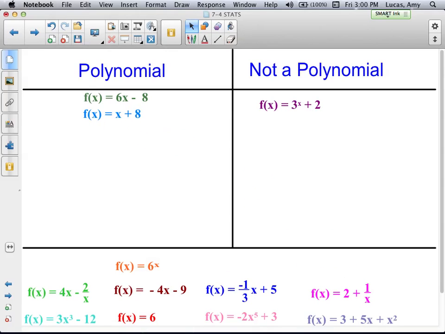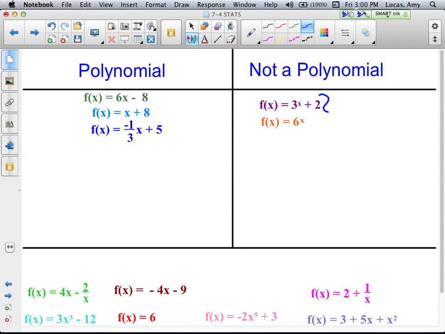We have another binomial and another binomial. Another one with a variable for the exponent. So these are not polynomials because they have an exponent that is a variable. And that was one of the three things that we said was not allowed.